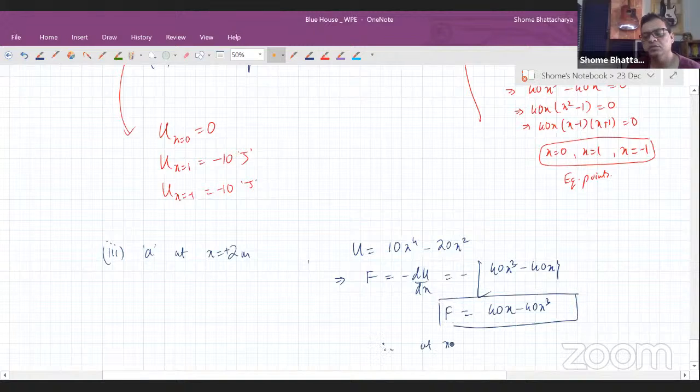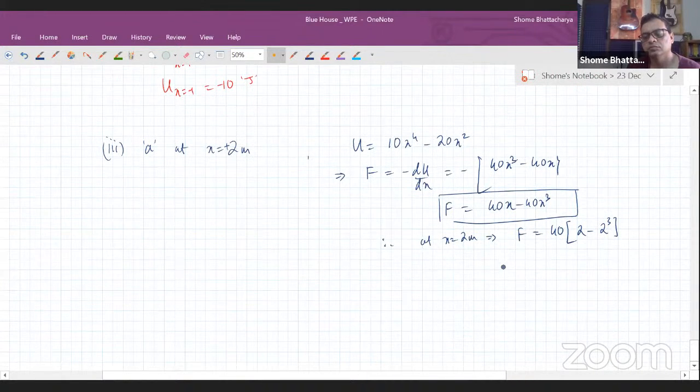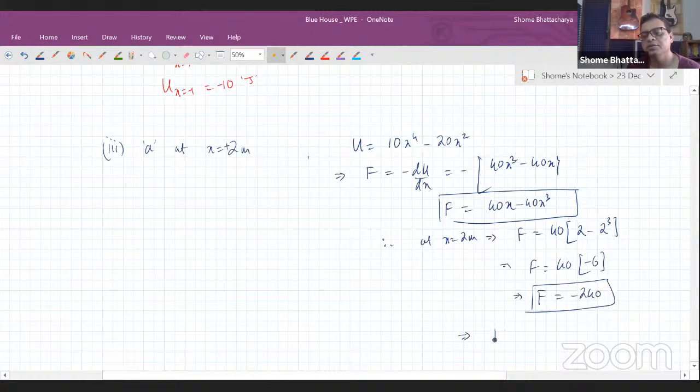Therefore, at x equal to 2 meters, okay, that means the magnitude of the force acting on the body is 240 newtons, and the direction is along the negative x-axis.